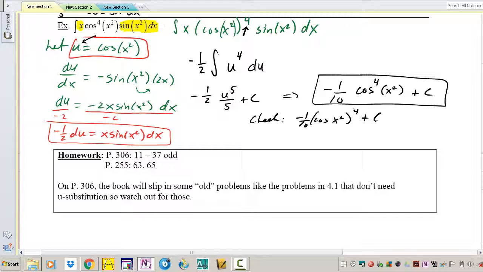So taking the derivative of cosine x squared to the fourth, drop the 4, negative 4 over 10 cosine x squared to the third. Taking the derivative of the inside becomes a sine x squared, and then again chain rule, this is the peanut, times 2x, and then plus c just becomes plus c. Now notice, look what happens here.